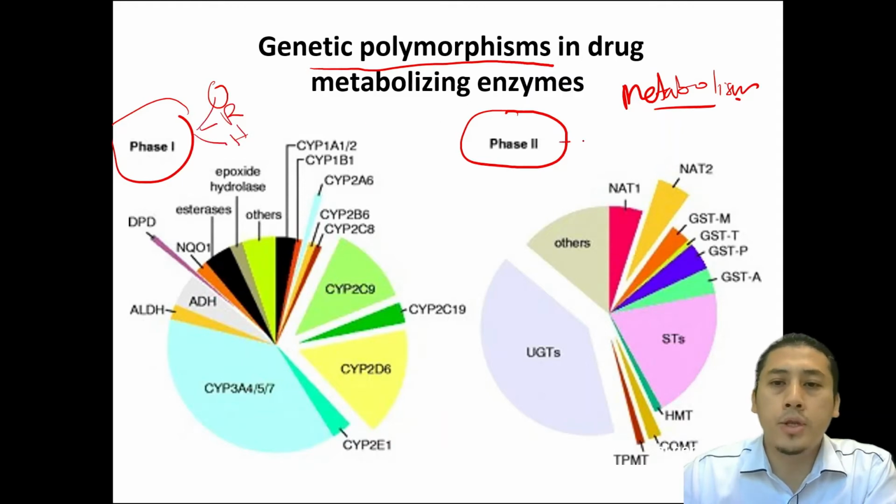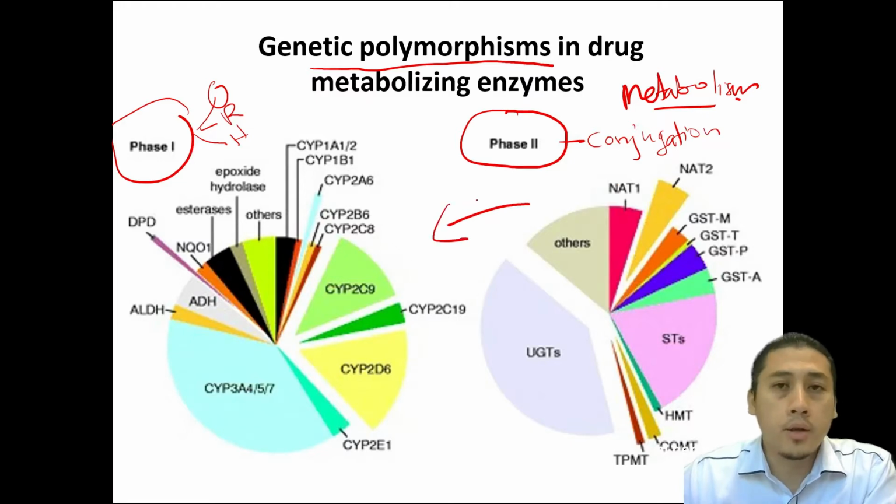And then phase 2 is conjugation. Conjugation means the addition of small molecules to the metabolites from phase 1 or the parent compound itself. When a drug comes into our body, it can undergo phase 1 and then phase 2, but it can also go through phase 1 only and then be directly eliminated or excreted.